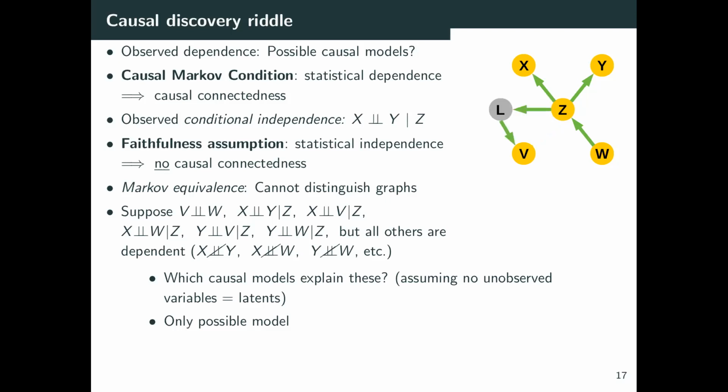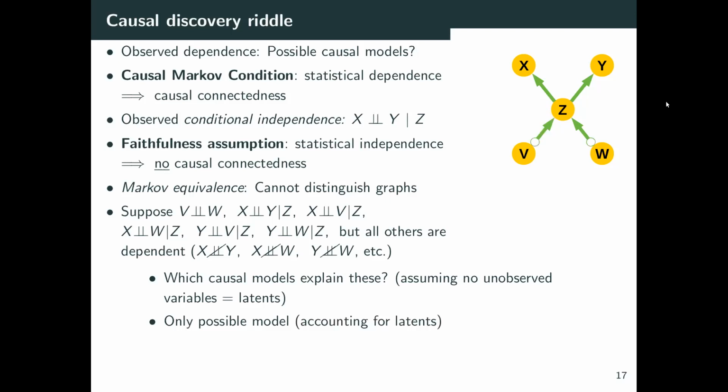What about the lower part? Is this consistent with the observations? No, because then V and W would be dependent by this relation here. But on the other hand, this we cannot exclude. If this is true, then V and W would be independent, and they would be dependent given Z. And all the other relations also hold, as you can convince yourself.